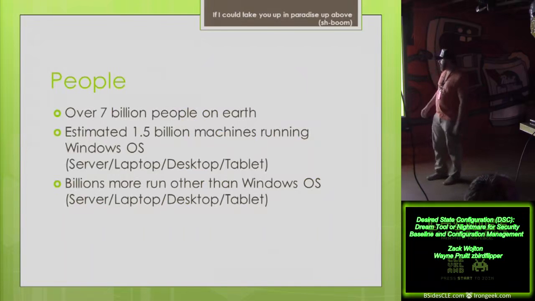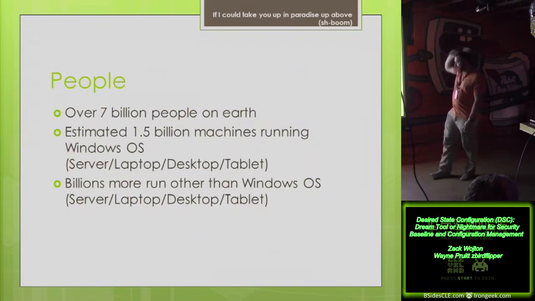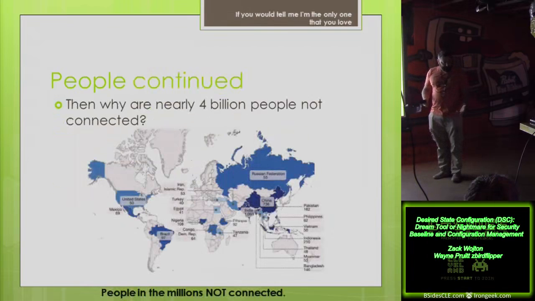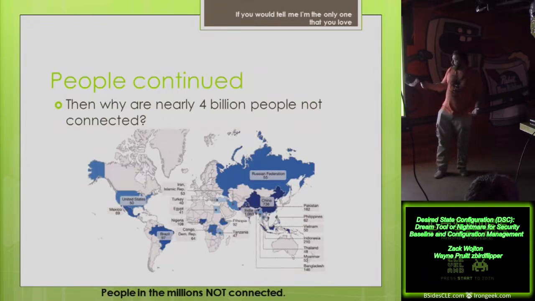Next, please. So let's talk about people, man. 7 billion people on the earth. 1.5 billion Windows machines. That's amazing. Billions more run Linux. So if you do the math, and you have, say, hypothetically 4 billion machines on the planet, there's 7 billion people, so you got 4 billion people not connected.